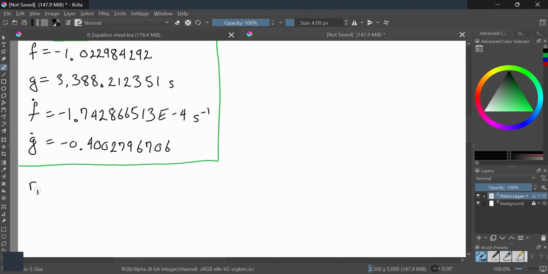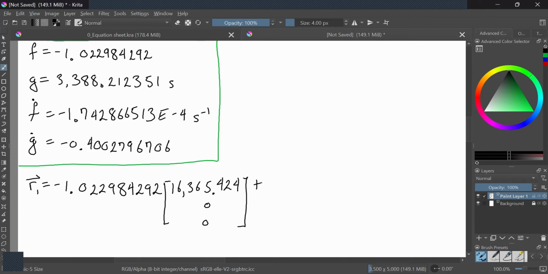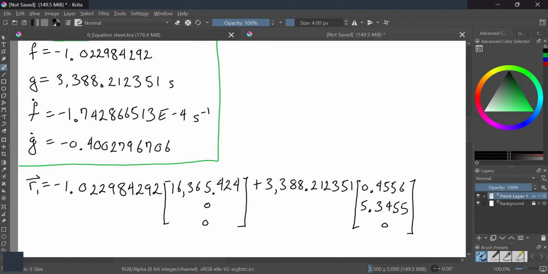So R1 is going to be equal to minus 1.0298292 times our initial radius, 16,365.42400, plus G, 3,388.212351, times our velocity of 0.4556, 5.3455 and 0.